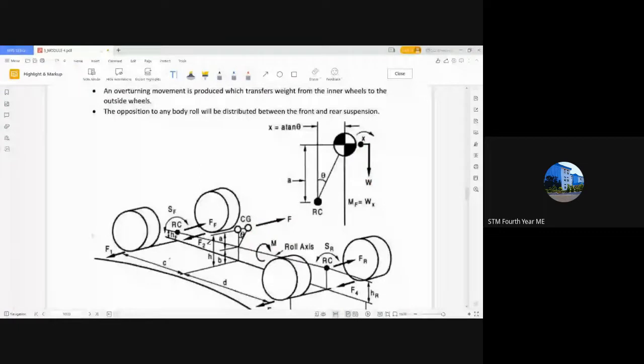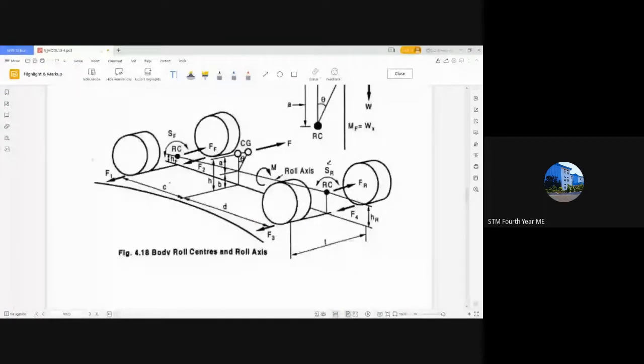So we are resolving the forces. We are taking a force, the force acts in this direction, then its perpendicular distance is calculated. So moment will be equal to force into a distance.